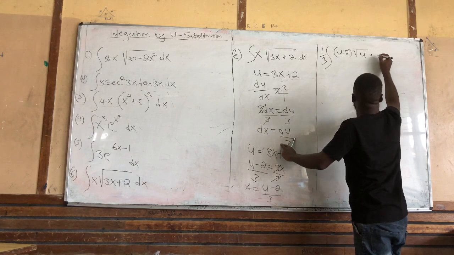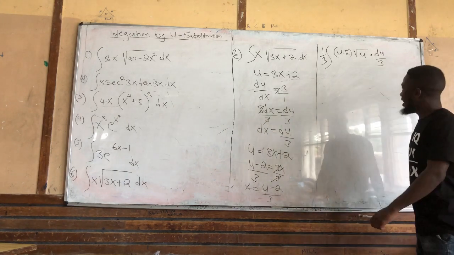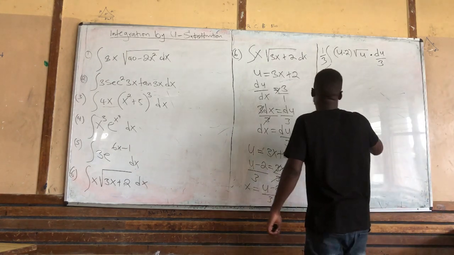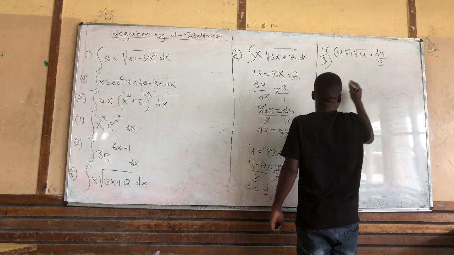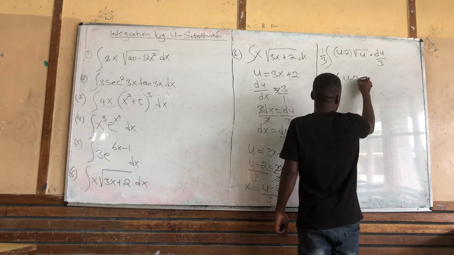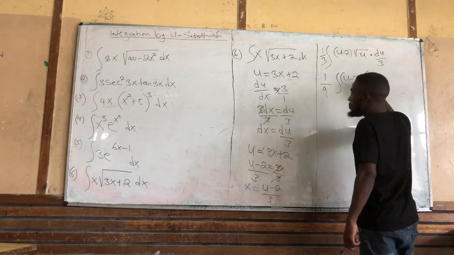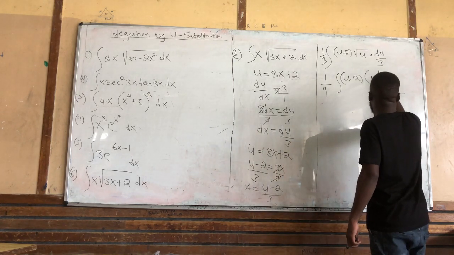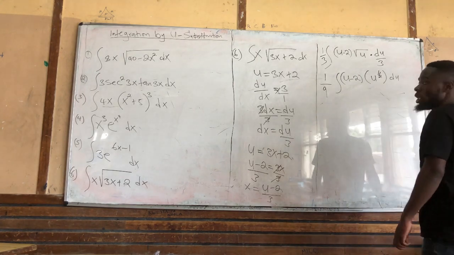What is dx here? du over 3 here. So from here you can see that this will be 1 over this 3 multiplied by this 3, 1 over 9, integral of u minus 2 multiplied by, let's simplify it, just the same as u to the power half, du.